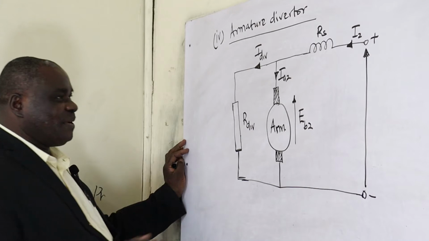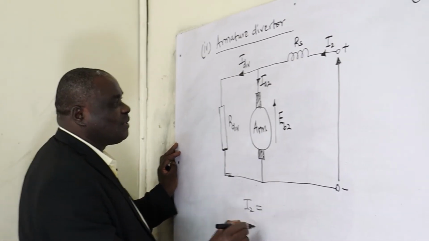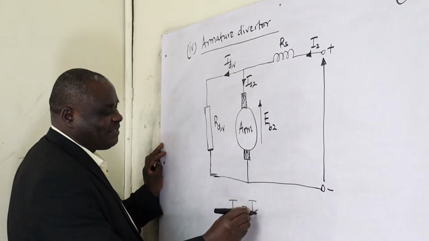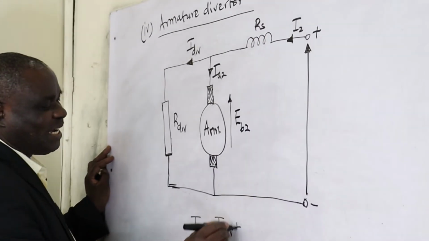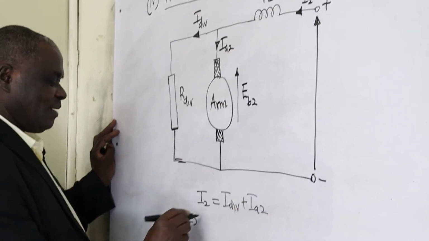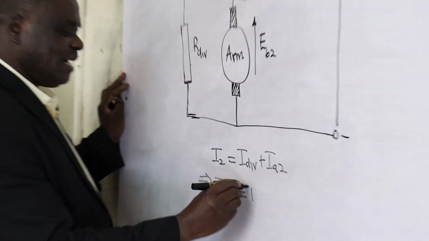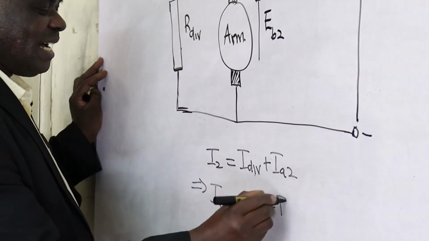Now, from whatever we have, I2 will be equal to ID plus IA2. This implies that ID will be equal to I2 minus IA2.